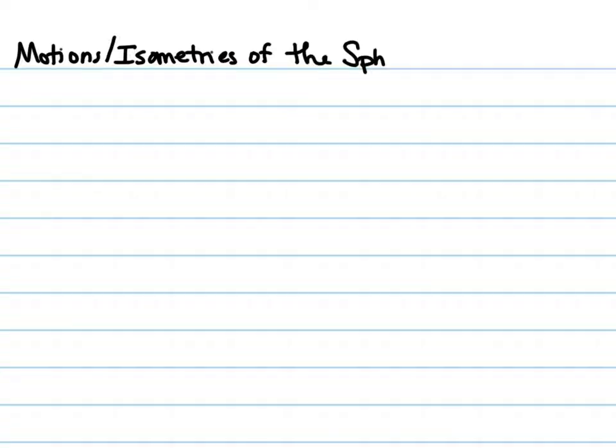Okay, so motions or isometries of the sphere. And all the ones you guys just mentioned were motions or isometries. There are other transformations, like dilations, for example. They don't preserve length, so those were not isometries. We're looking just for the isometries.